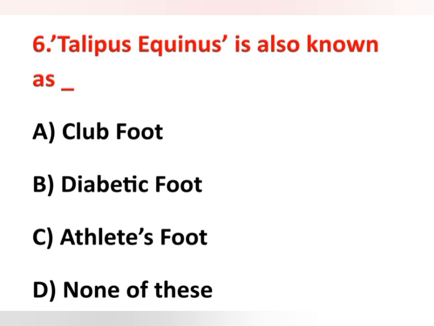Next question, the sixth question. Talipes equinus is also known as. Options are option A clubfoot, option B diabetic foot, option C athlete foot, option D none of this. Talipes equinus or Talipes equinovarus is also known as clubfoot. Option A is correct.